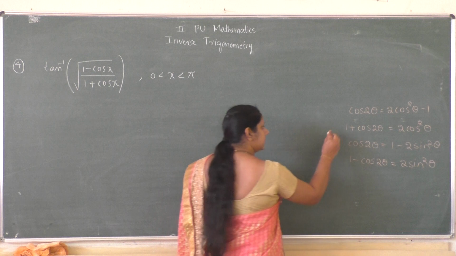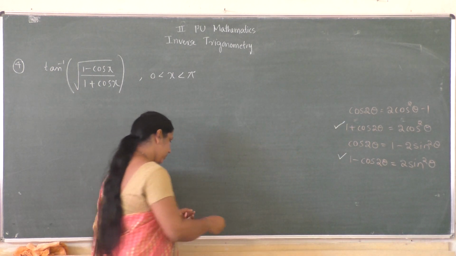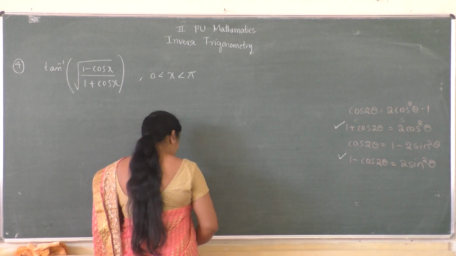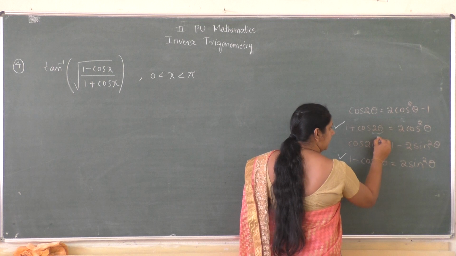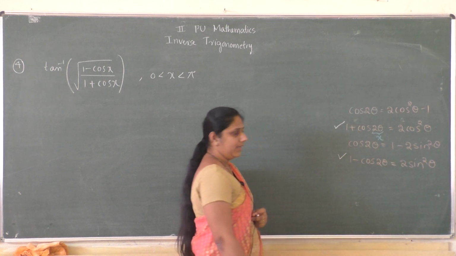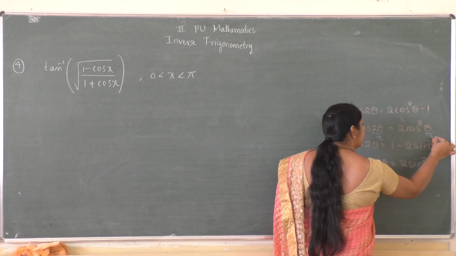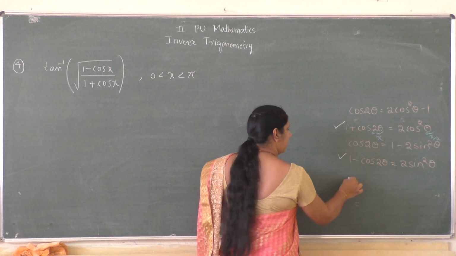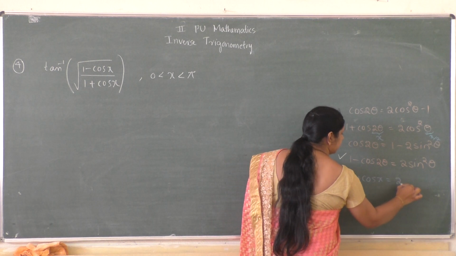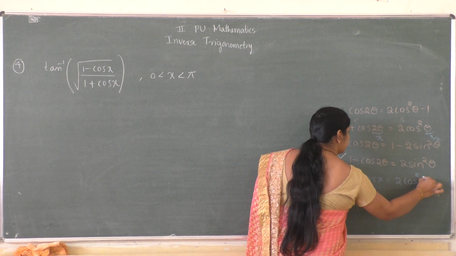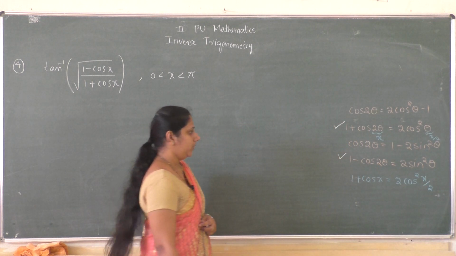Now we will use these two formulas here. If I replace 2 theta by x, then theta will be equal to x by 2. So the formula reduces to 1 plus cos x equal to 2 cos square x by 2.